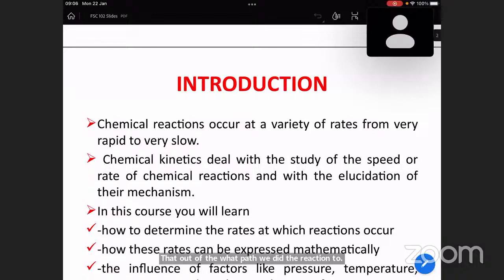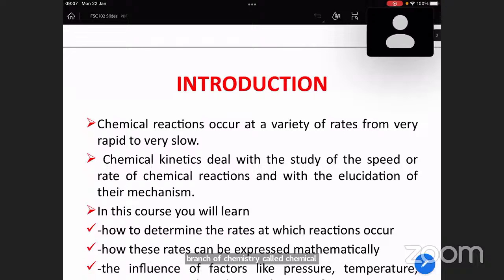So when you're talking about kinetics, you're talking about the rate of reaction and the pathways through which this reaction took place. Rate of reaction, mechanism of reaction. That is what we study under this branch of chemistry called chemical kinetics.